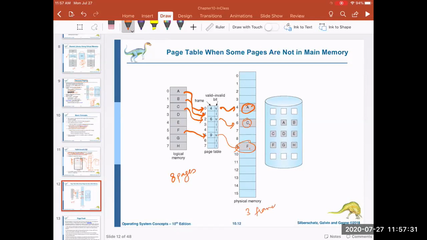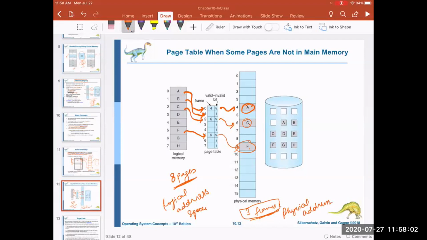We discussed in the previous lecture that whatever the number of pages, a similar number of frames would be needed. But we haven't discussed that we need to bring all pages or all information into the main memory. This is our logical address space and this is our physical address space.